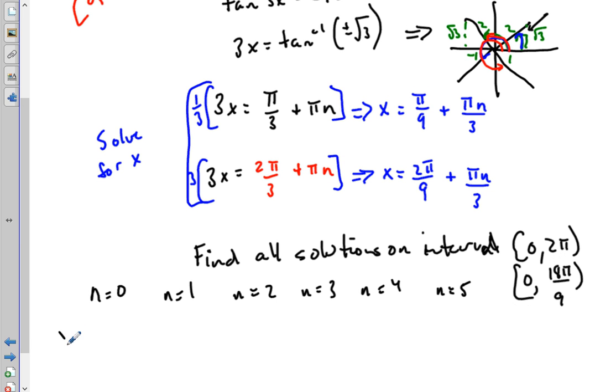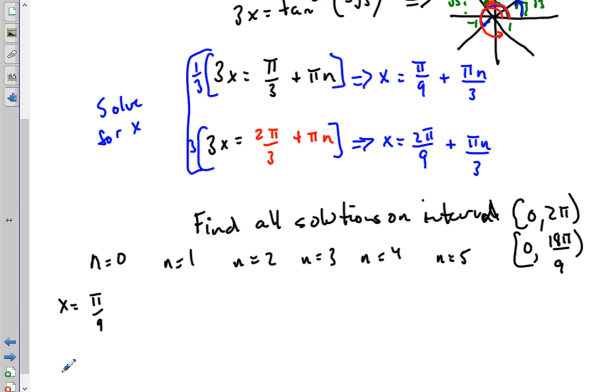Let's check this out. We're going to start with n equals 0, so x is pi over 9, and then x is going to equal 2 pi over 9. You might see a pattern developing pretty quick. We're going to change this to a common denominator, so it's going to be 3 pi over 9. Next, we plug in 1 for n.